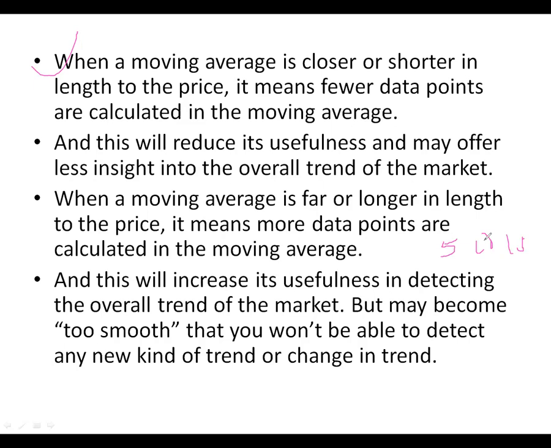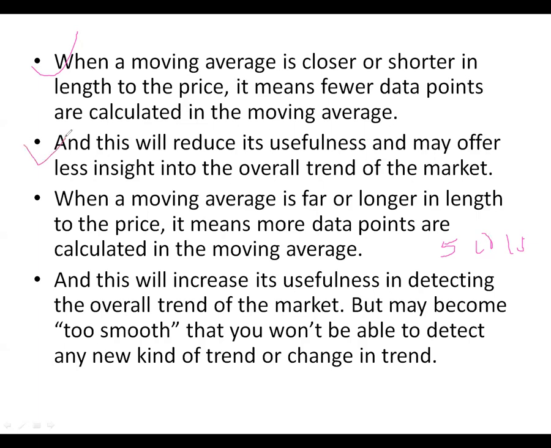Are we okay? If the number is very small, 5, 10, 15, 7, 9, 20, the closer the moving average will be to the candles. And the bigger the number, the wider the moving average will be from the price, okay?